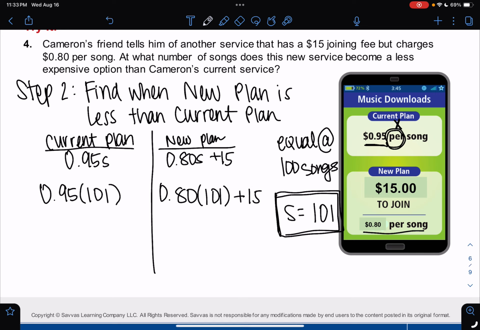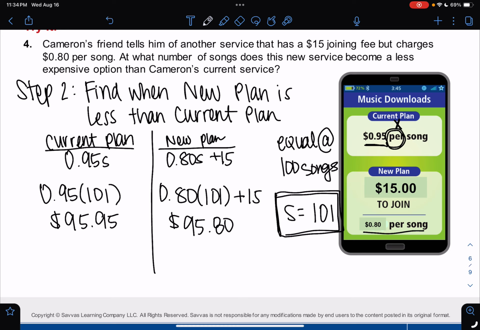All right, when you do 0.95 times 101, you get $95.95. And over to the right with the new plan, when you do 101 times the 80 cents plus your 15, you get $95.80.